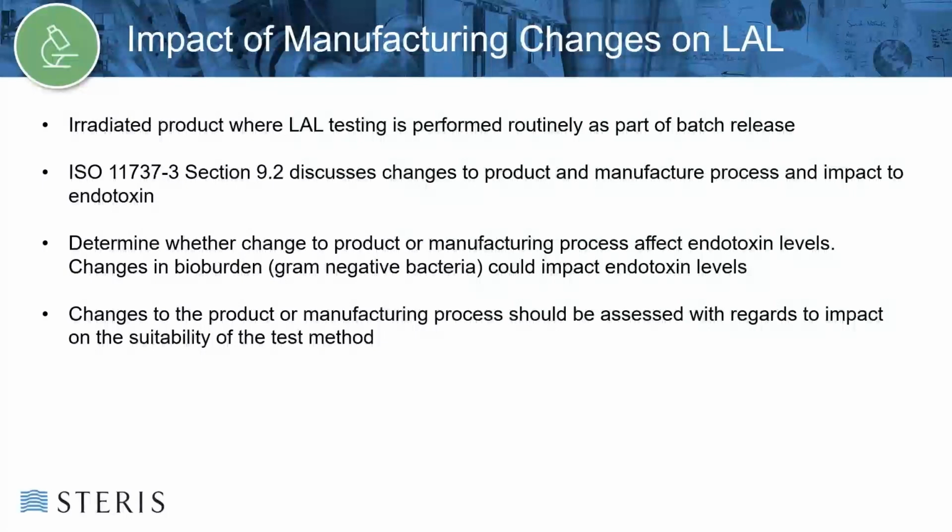For any changes that have noted a potential impact on bioburden quantity and/or type, the impact on the endotoxin levels should also be examined. It is important to note that the impact of a change to endotoxin levels cannot be evaluated based on bioburden data alone.